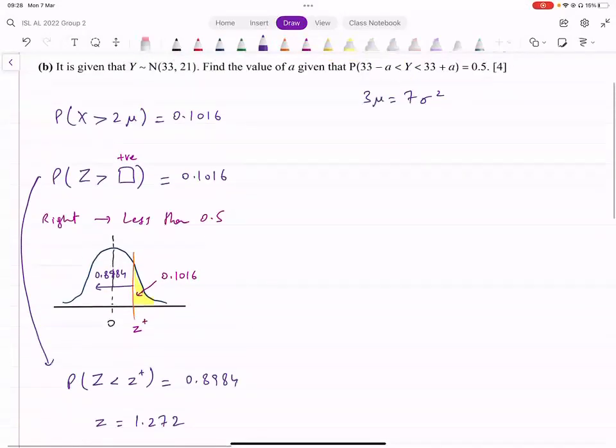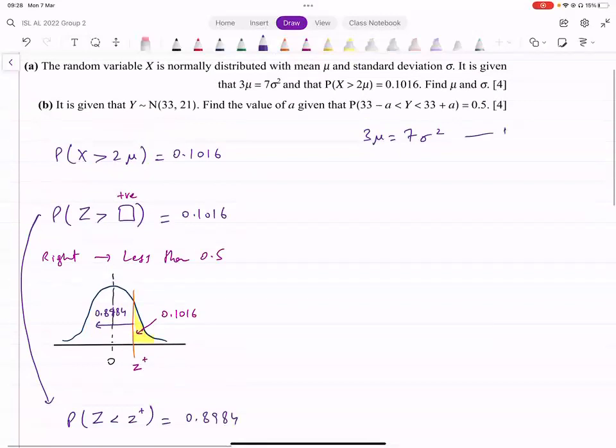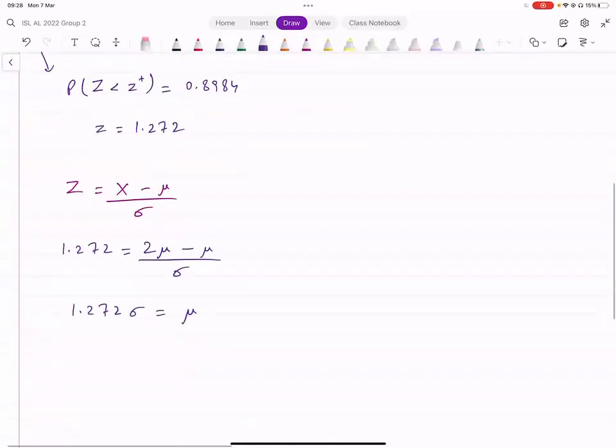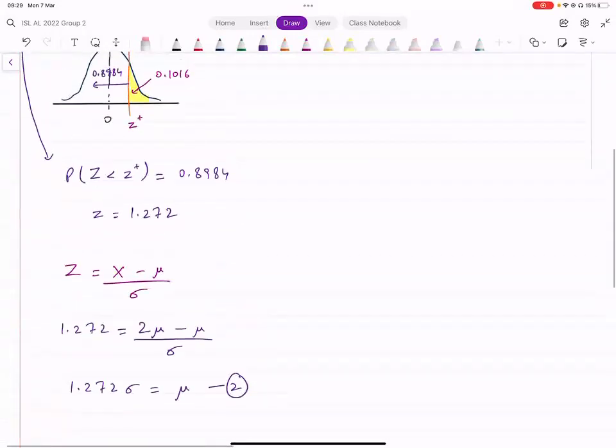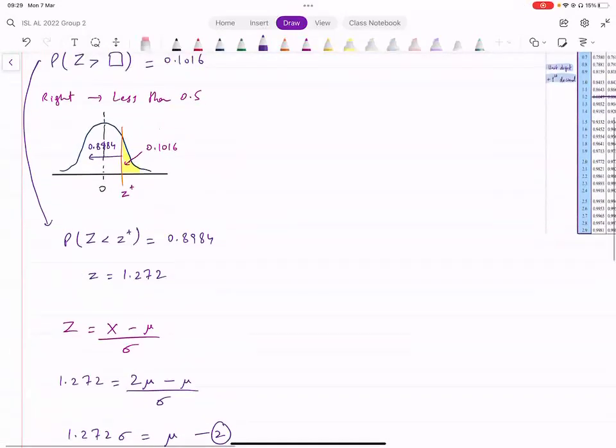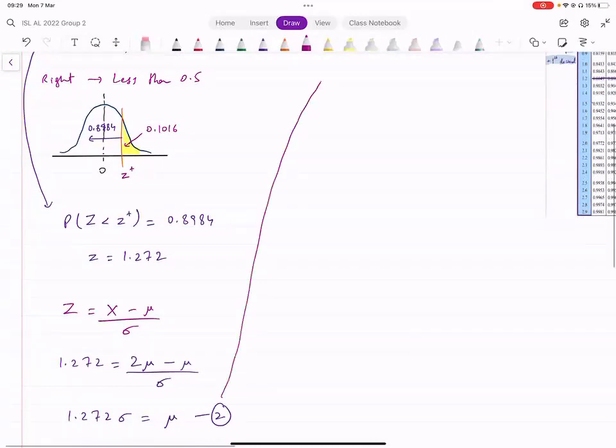Now, एक relationship उसने already में बताया हुआ था. This is equation 1. This is equation 2. इनको simultaneously solve कर लेंगे. You will find mu and sigma. ठीक है? इसको जाके input कर देते हैं वहाँ पे. Let's do that. Let's input that here.